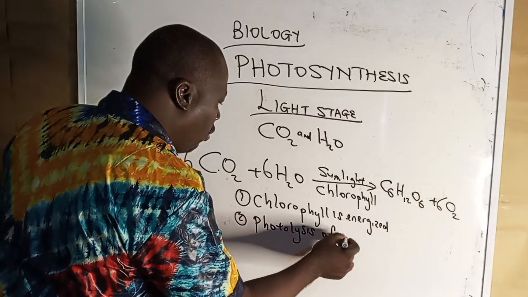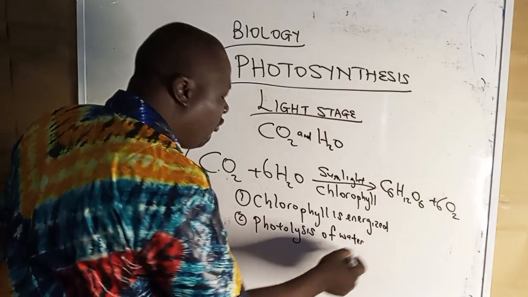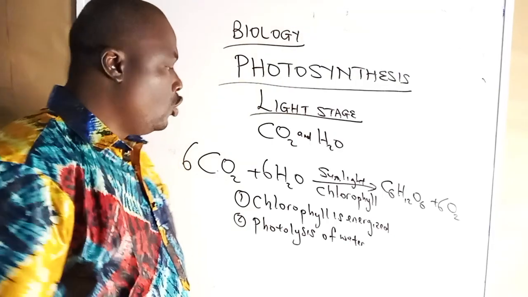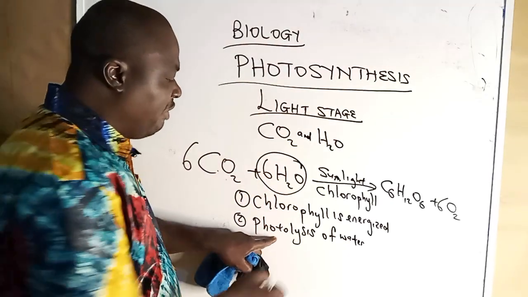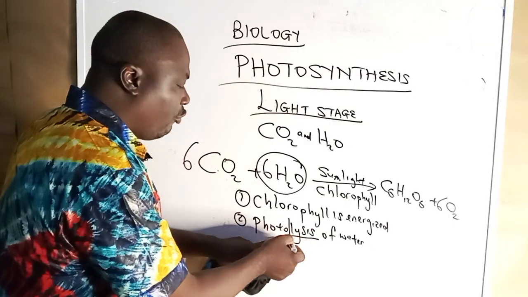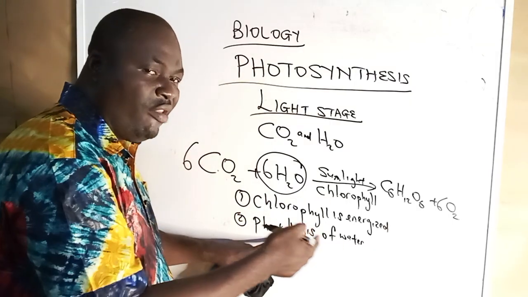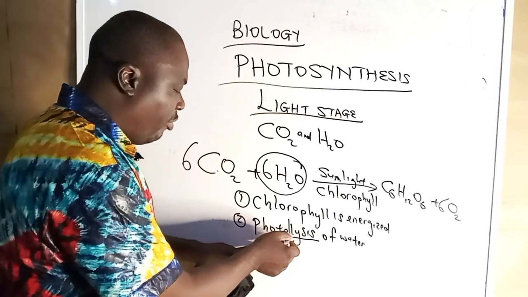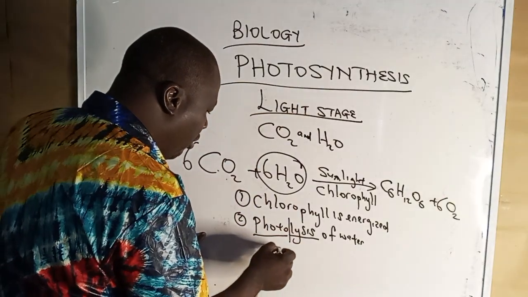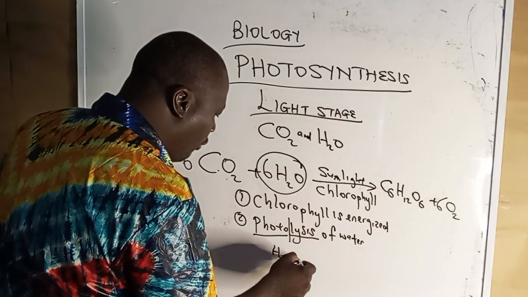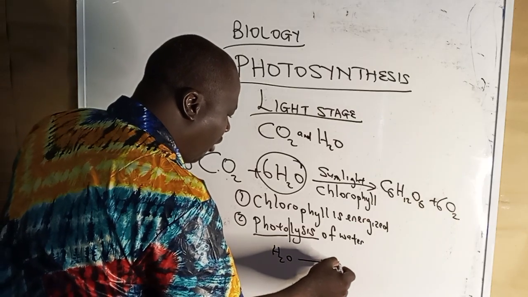Photolysis simply means the splitting of water molecules. So this water molecule here will be split in the presence of light. You see, lysis means splitting. Photolysis, glycolysis, splitting of glucose. So photolysis means splitting in the presence of light. What happens is this: we have H2O, water will be split into its component parts.